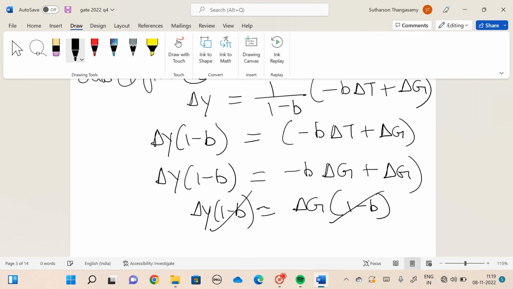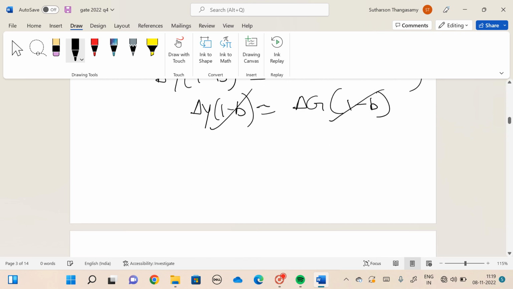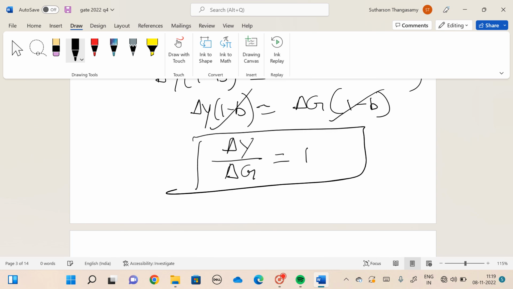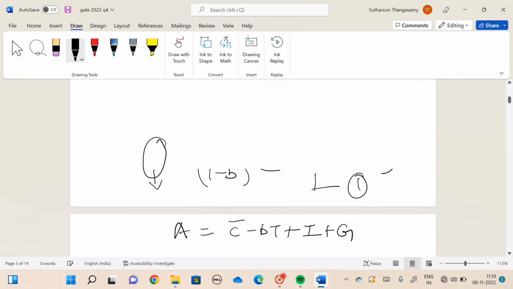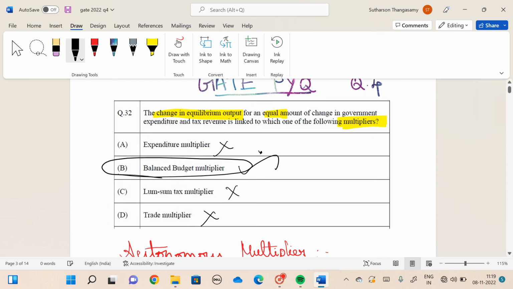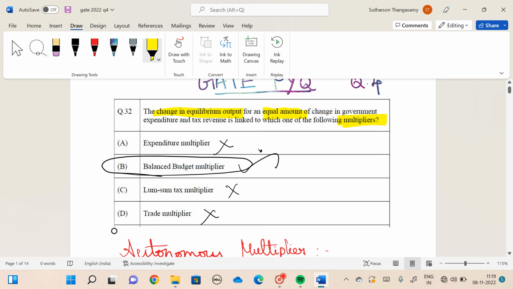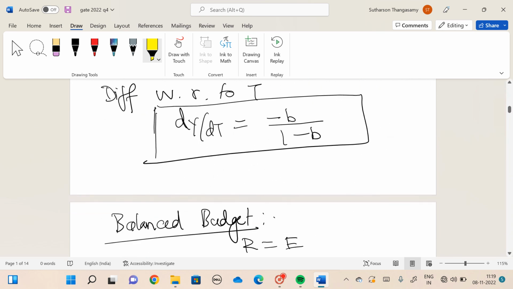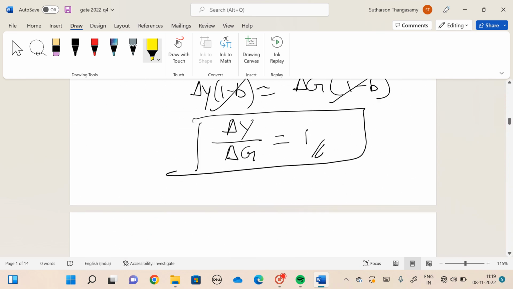So 1 minus b cancels. So change in y by change in g is equal to 1. This is the change in equilibrium output for an equal amount of change in government expenditure and tax revenue. So the balanced budget multiplier will be equal to 1.